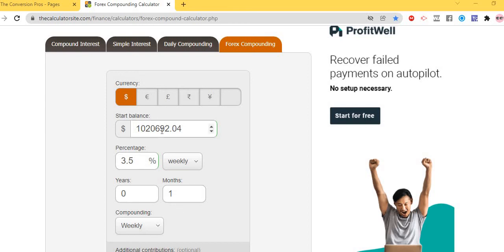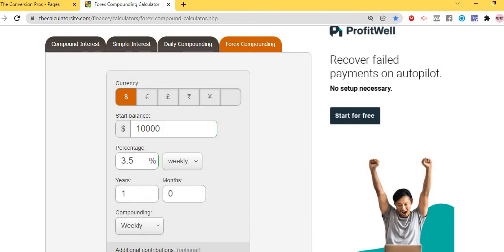All right, so we're going to do a $10,000 investment, and we're going to do it at 3.5% weekly, and we're going to do that for 1 year just to show you what that looks like.